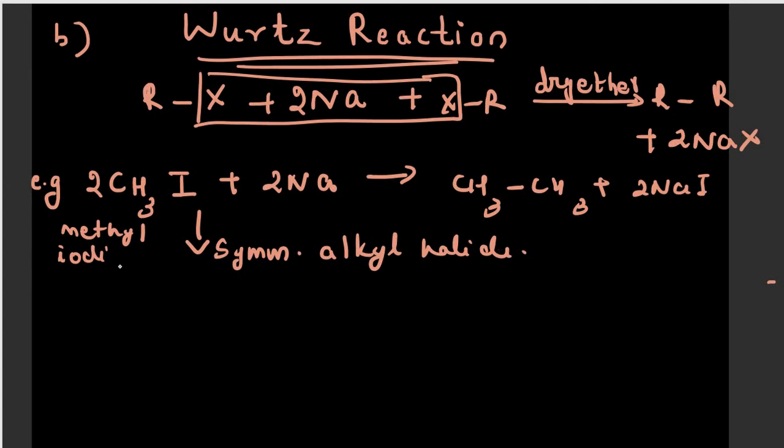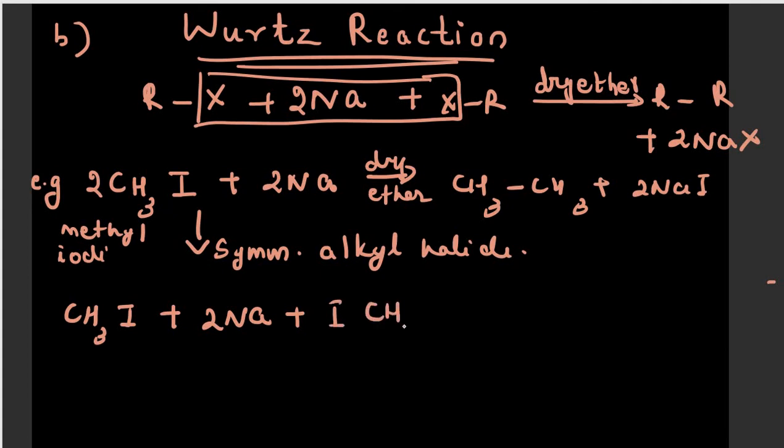Now when we are taking an unsymmetrical alkyl halide, or if we are using 2 different alkyl halides, for example, let us take the same case, methyl iodide. When it reacts with sodium, dry ether is also there, in presence of ethyl iodide. Here you can see that the 2 alkyl halides are not the same.